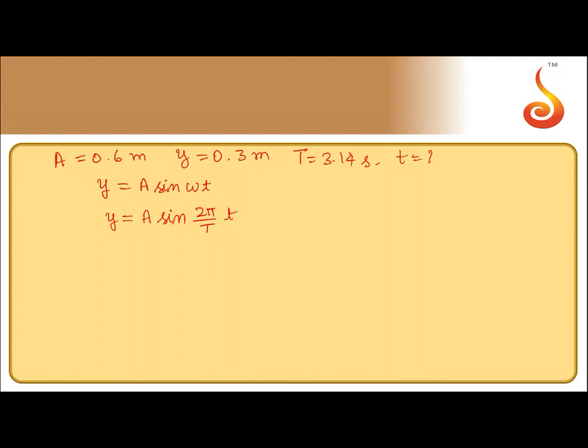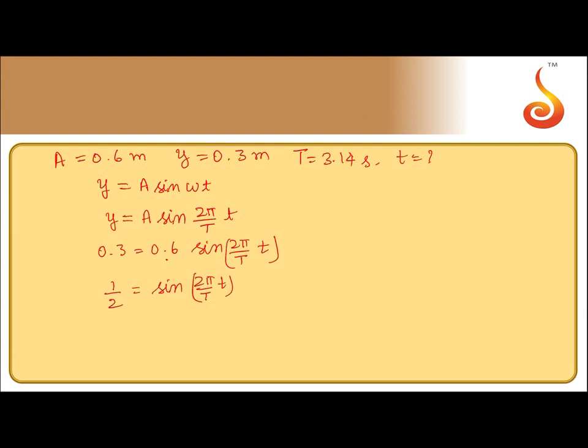Now y is equal to 0.3, a is equal to 0.6. Just substitute that. So this will turn out to be, if I send this 0.6 to this side, it will turn out to be half. Half is equal to sine of 2 pi by T into t.